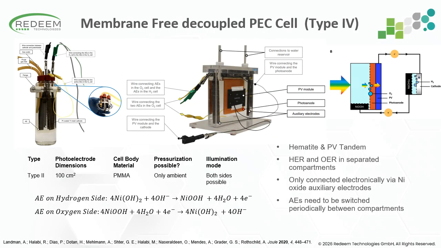Now the final architecture here is this type 4 reactor, which represents the most radical deviation from conventional PEC designs, I would say. Instead of separating hydrogen and oxygen via membrane, the two reactions occur in completely independent reactors.